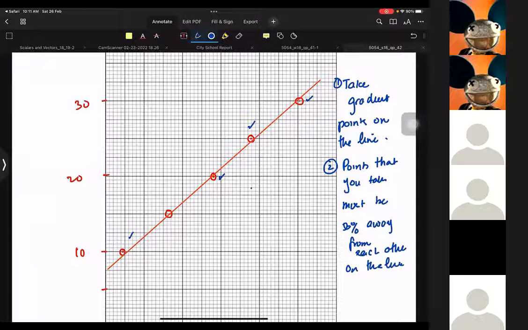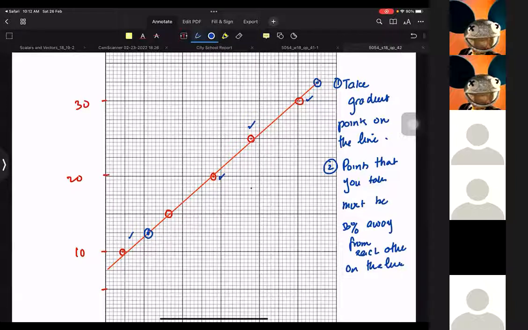Now, to make things easier for me, I would pick a point that suits me the best. So let's pick, say, this point. Okay, so I'm going to circle it. And the other point far away from this, which I believe could be this one. We'll pick this.